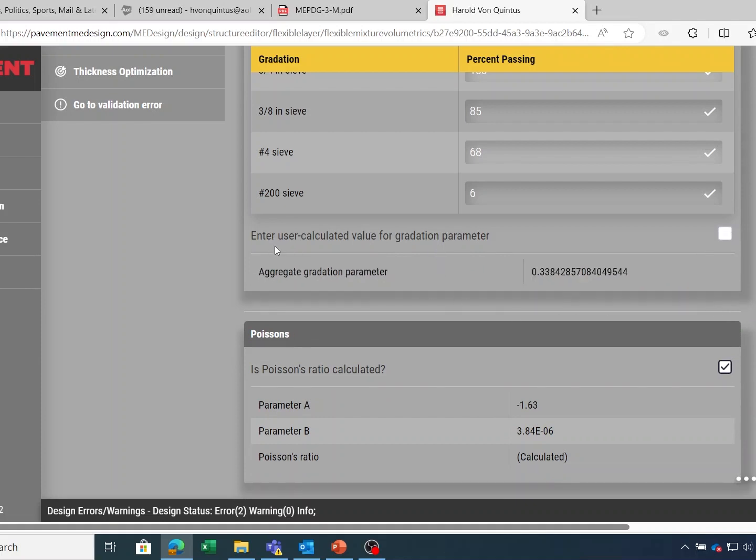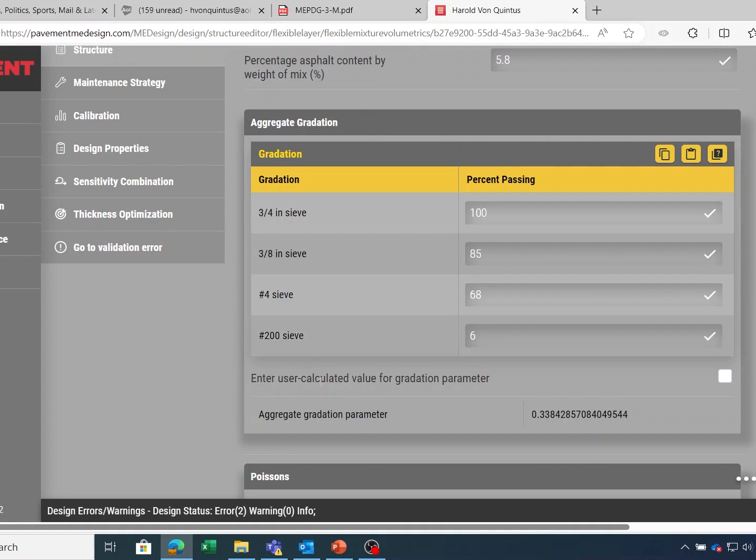It's generally recommended that the aggregate parameter be calculated internally by the program itself. The manual in practice does include the methodology and the equation to calculate the gradation parameter from the different sieves.